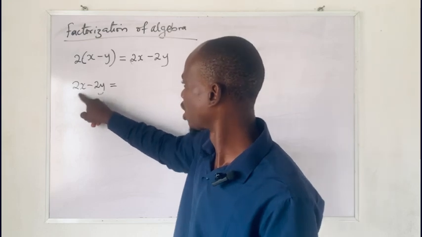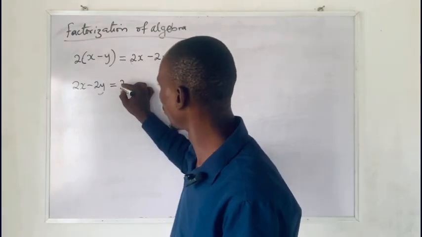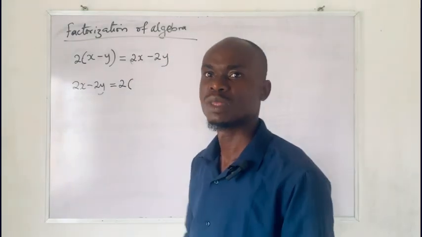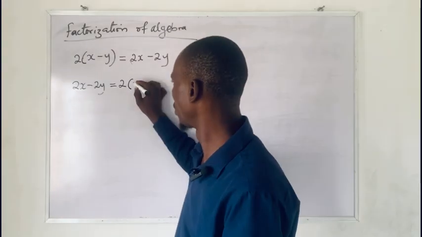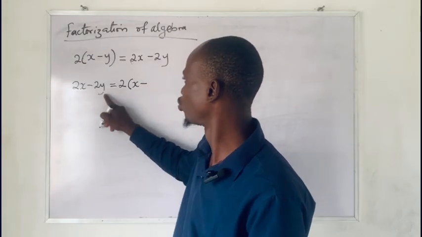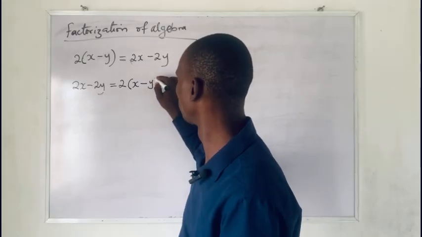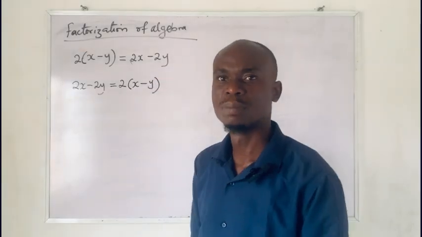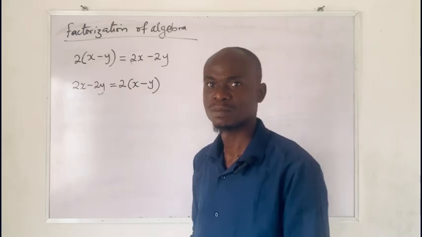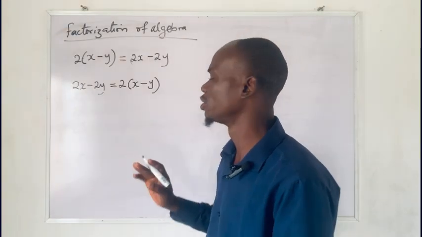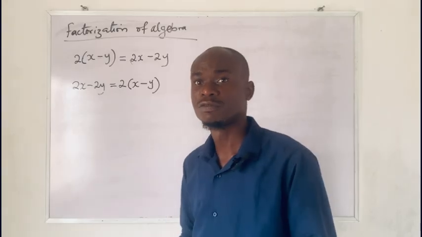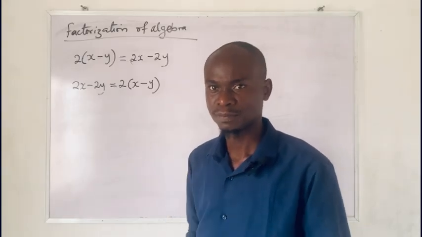So that number that can divide the two sides, you bring it out. 2x divided by 2 is x, minus 2y divided by 2 is y. So you see, we are back to where we started. Factorization is the reverse of an expansion.